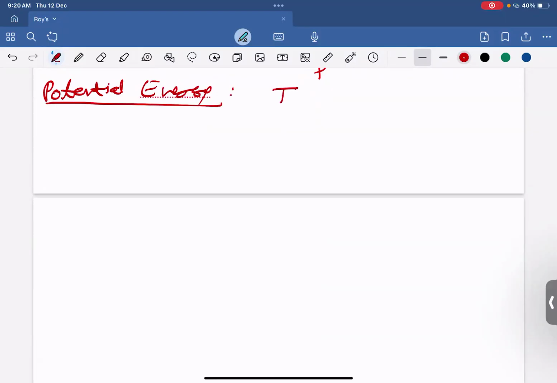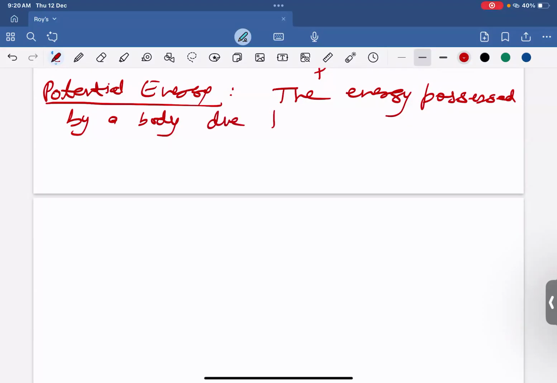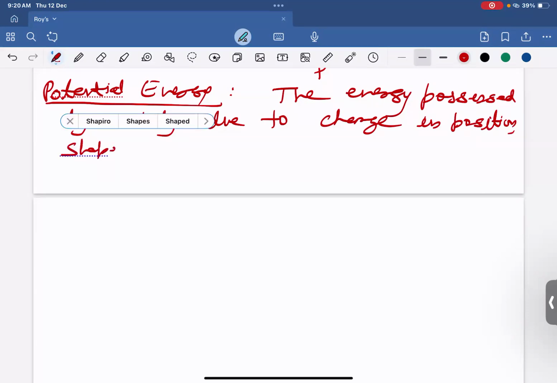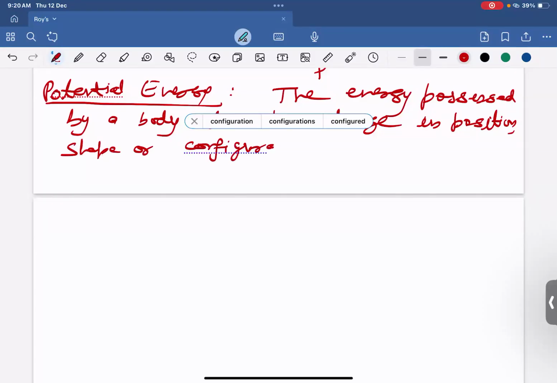I can say it is the energy possessed by a body due to change in position, shape, or configuration.